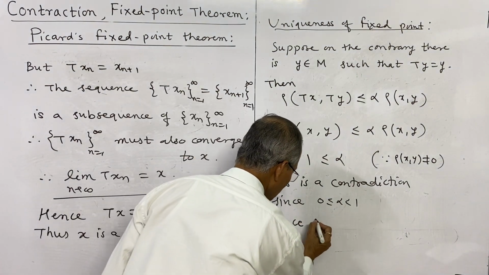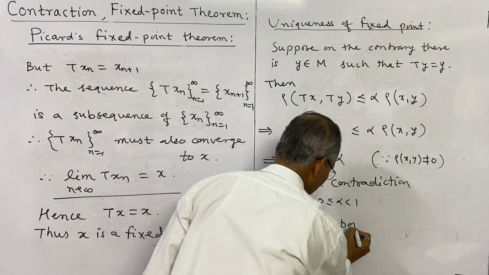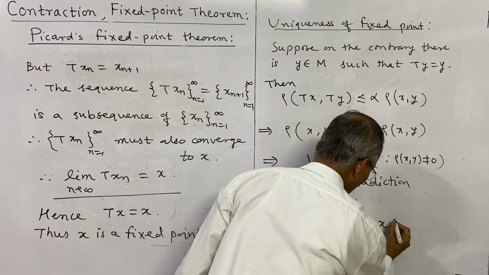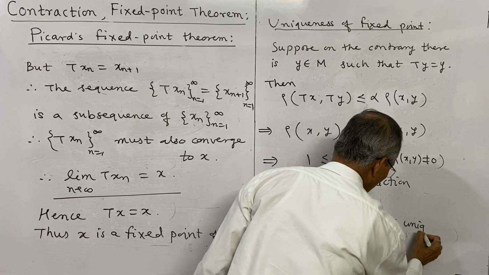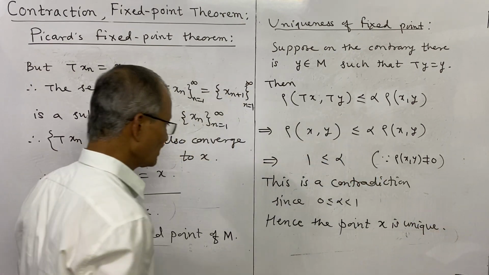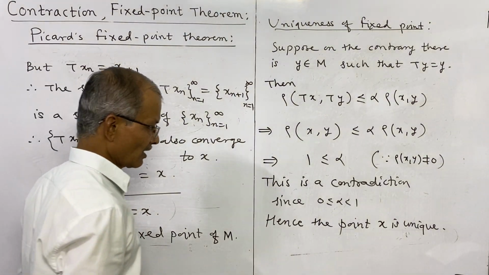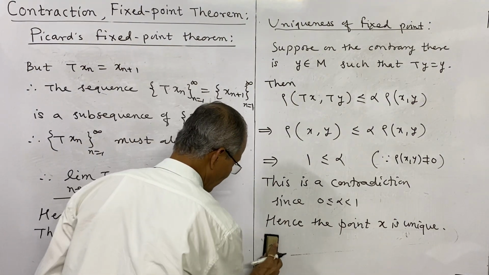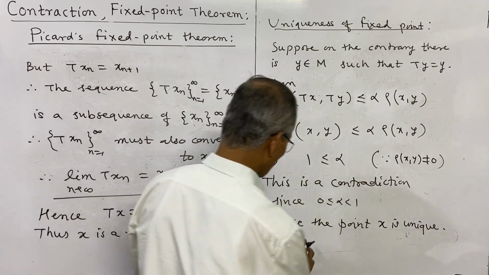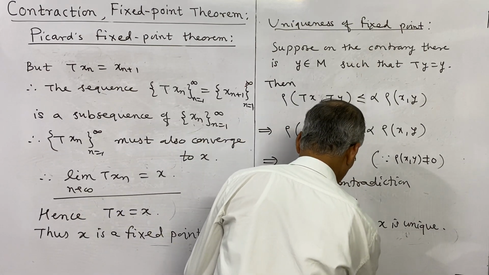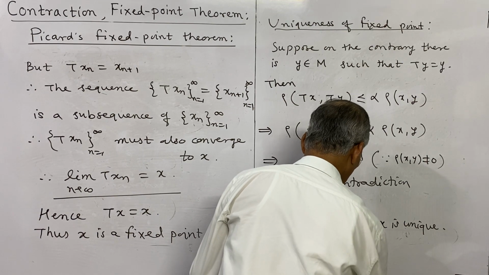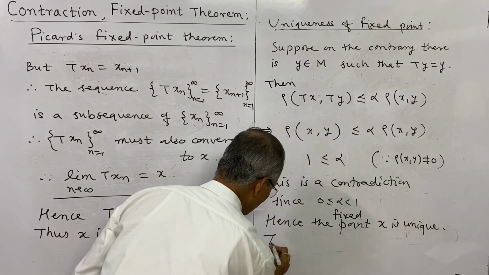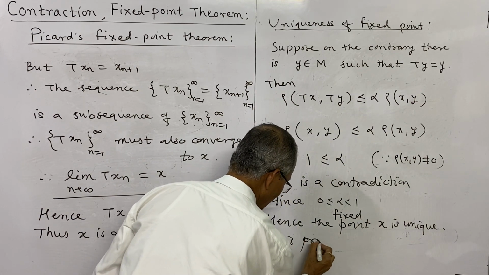Hence the point x is unique, and this proves the theorem. There exists only one point x, or therefore there is precisely one point only, or hence the fixed point x is unique, and this proves the theorem.